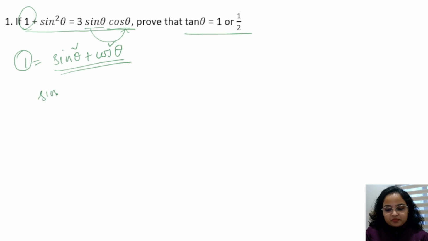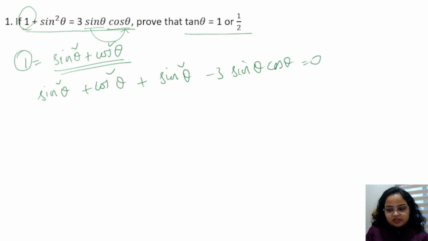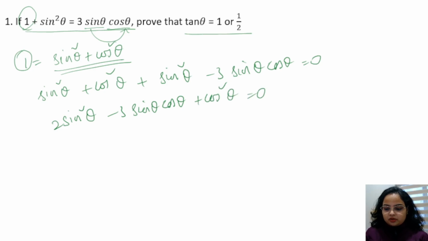We will get sin square theta plus cos square theta plus sin square theta minus 3 sin theta cos theta is equal to 0. So here sin square theta plus sin square theta is 2 sin square theta minus 3 sin theta cos theta plus cos square theta is equal to 0.